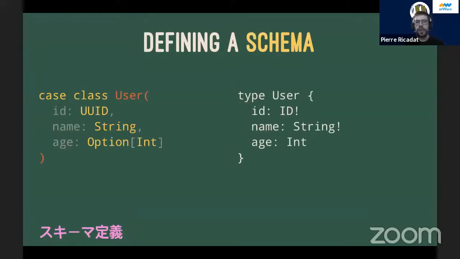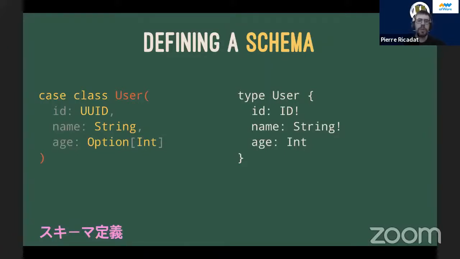On the right side, this is a GraphQL type, as I showed you in the original example. So in order to expose that type on the server, what you need to do is just create a case class in Scala that represents that type. And you can see on the left, they look very similar.